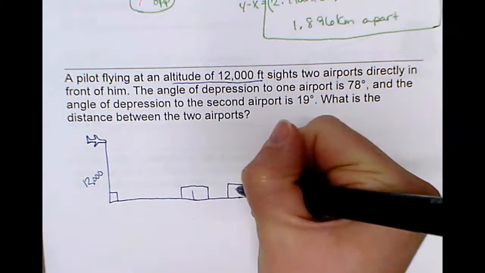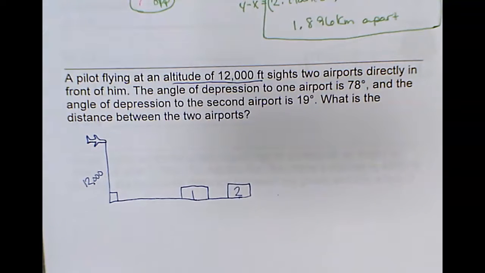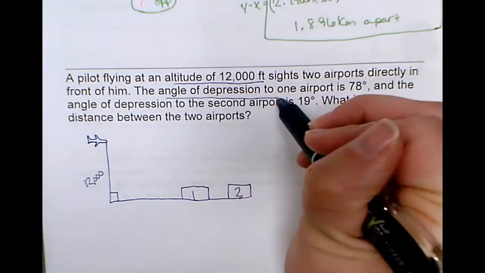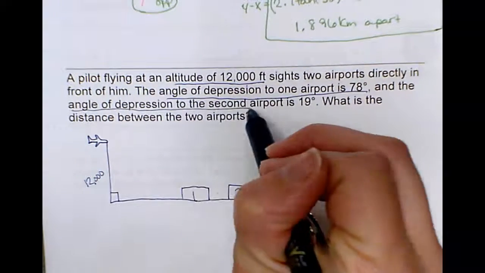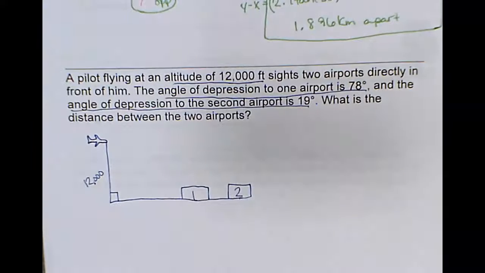So airport 1, airport 2. The angle of depression to one airport is 78 degrees, and the angle of depression to the second airport is 19 degrees.